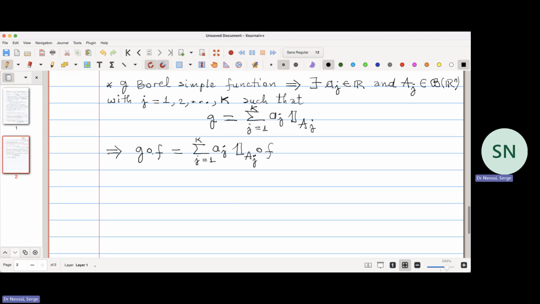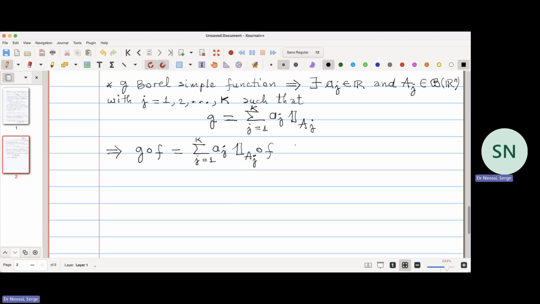So we compose with f to the right. So we apply f composition on both sides of this equality, we get this result. But what is this? How do we define this composition? If we take the indicator function with another function, what is that?